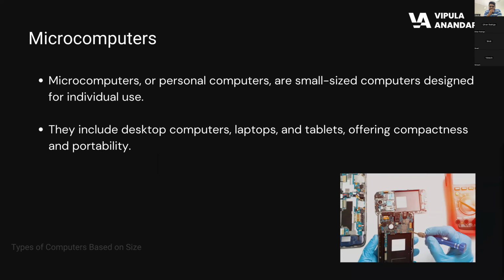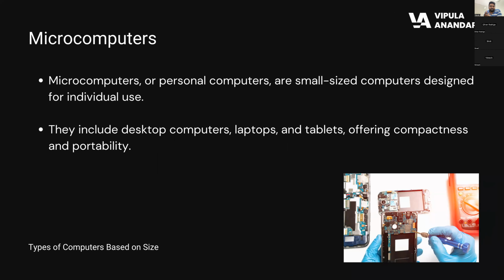And then we have this thing called microcomputers. This is again based on the size. Microcomputers are literally small computers, which are already inside your tablet or your phone and so on.